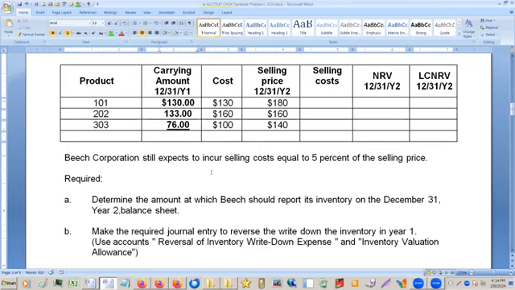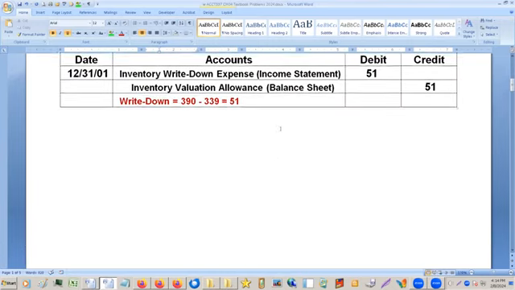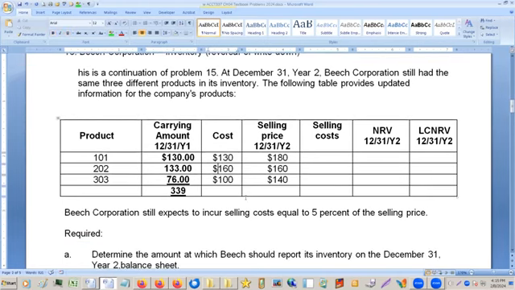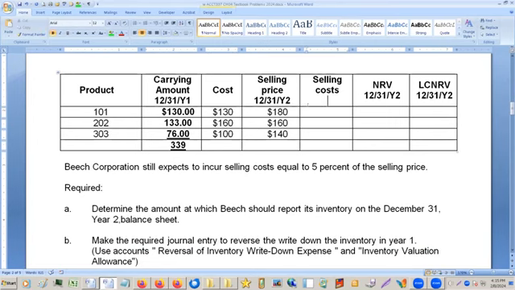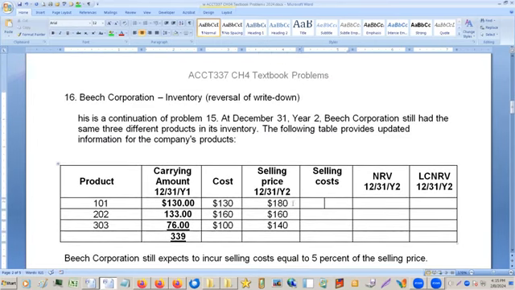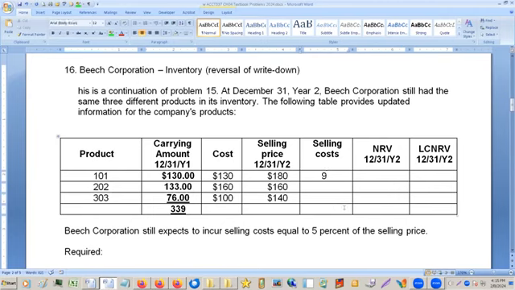Okay, so what was that? 339. Okay, now our selling price, they've changed a little bit. So they've gone up to 180 for the first one. So 180 times 5% is 9. Again, we're doing the same thing we did before.